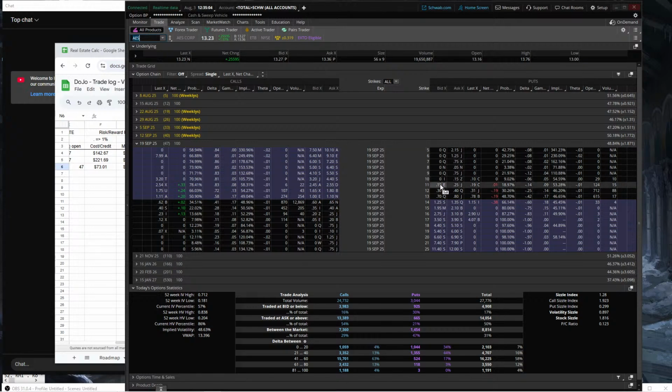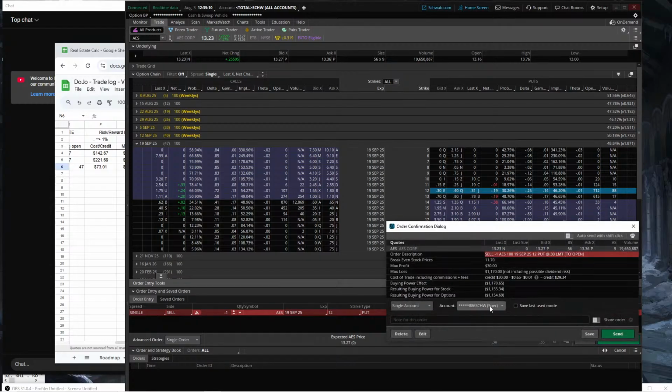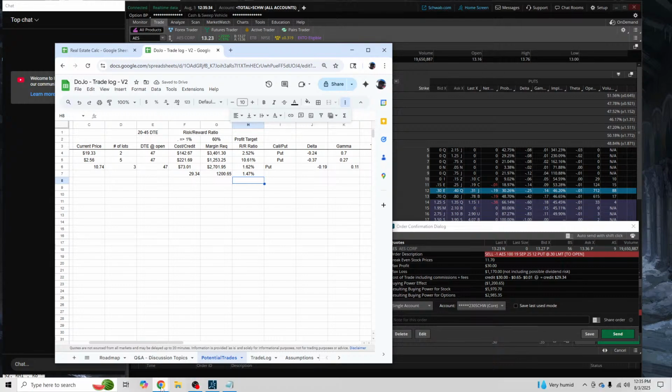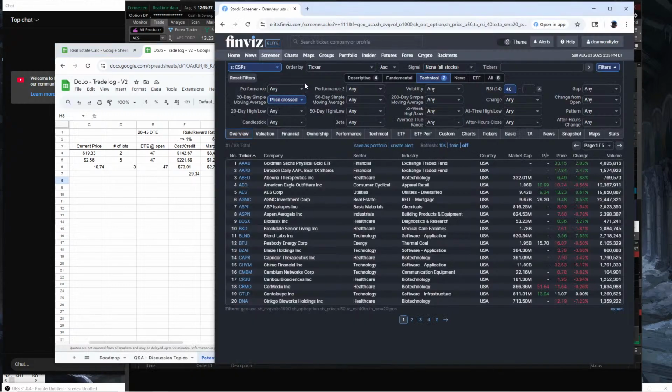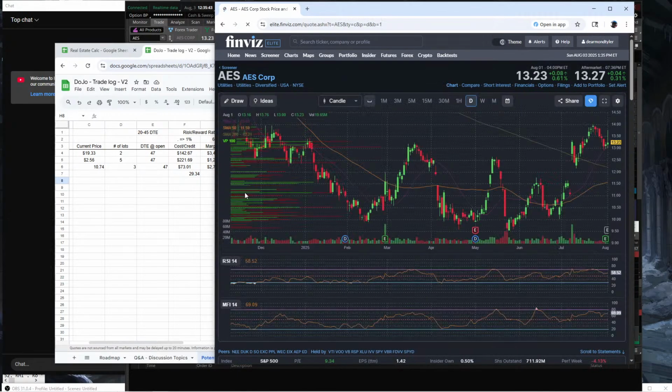47 out. Get 25 delta, 30 cents. 29.30. Let's see. $147. It's not bad. I do need to see where this is at though. We're trading in the upper range.